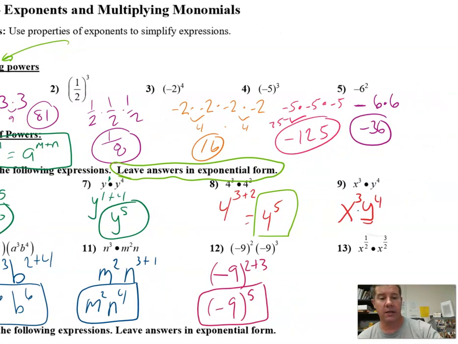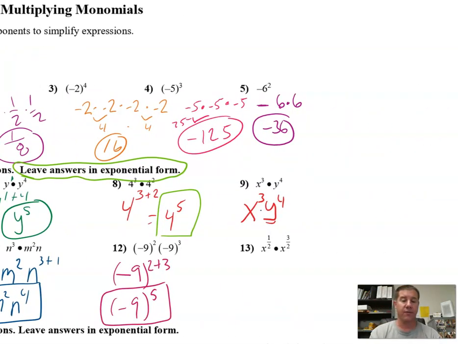All right. Last one here for this set of problems. x to the 1/2 times x to the 3/2. So again, the base is going to stay the same. And I need to add exponents. Now this is probably also another good time to write stuff down, because now we're going to review our fraction rules a little bit. These are fractions, so yes, ooh, a little scary.